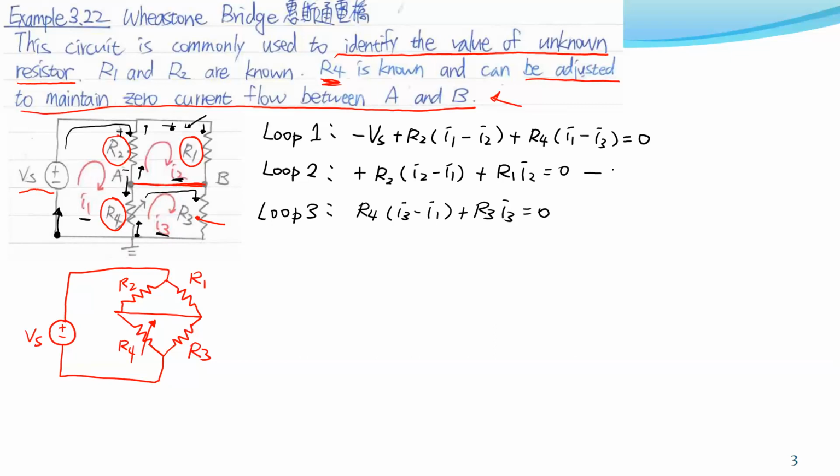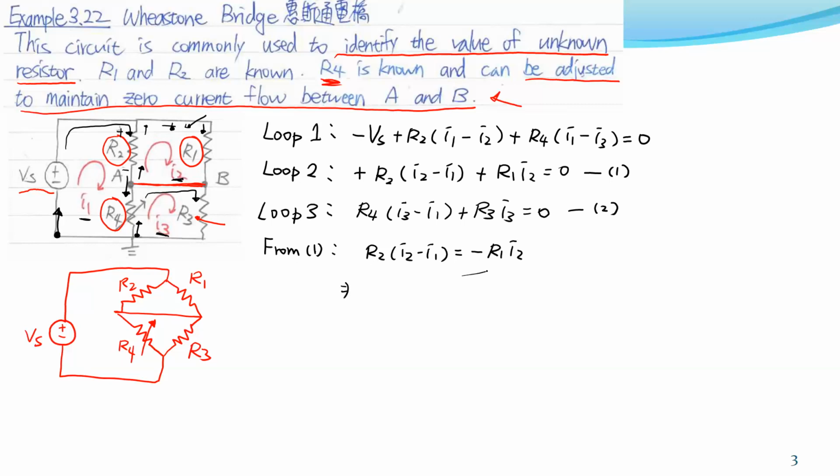Let's assign this as equation 1, this as equation 2. From equation 1, we have R2 times (I2 minus I1) equals minus R1 times I2.